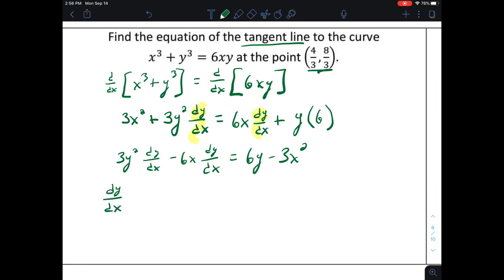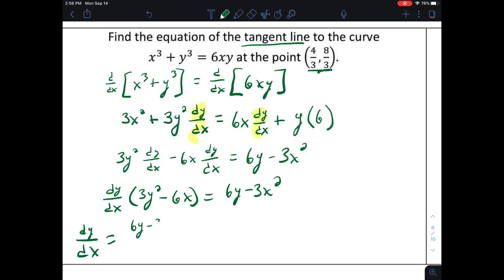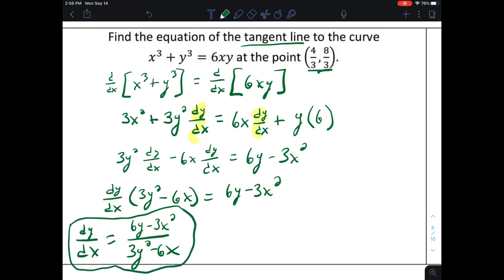So dy over dx times 3y squared minus 6x is equal to 6y minus 3x squared, and then divide. And so we would have our derivative of y with respect to x is going to equal 6y minus 3x squared over 3y squared minus 6x. So this is the expression that we're going to use to find our slope of our tangent line.